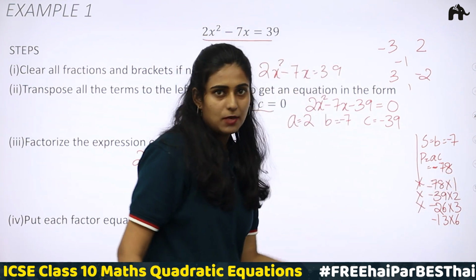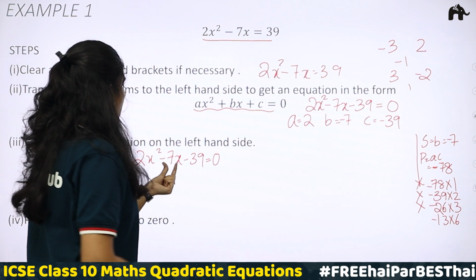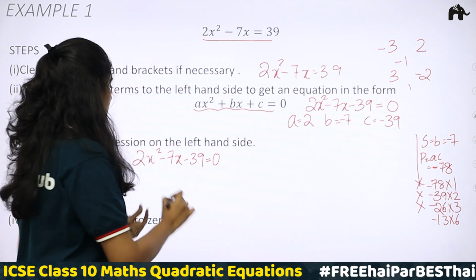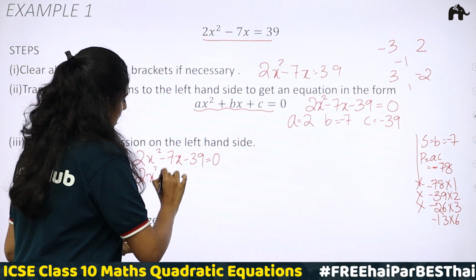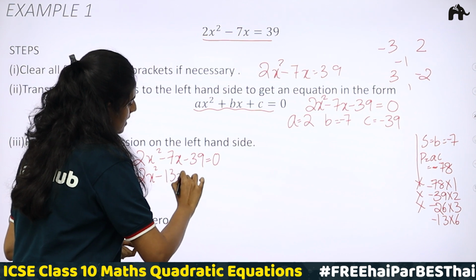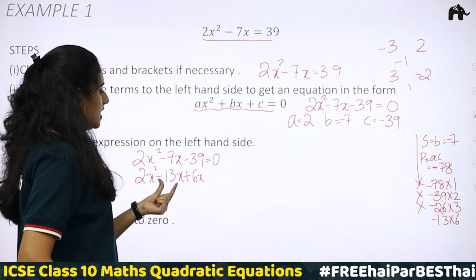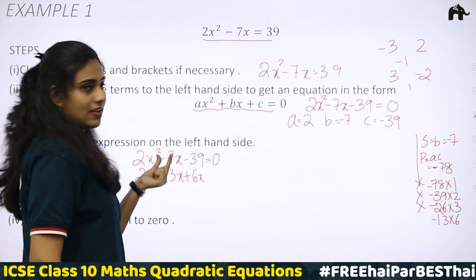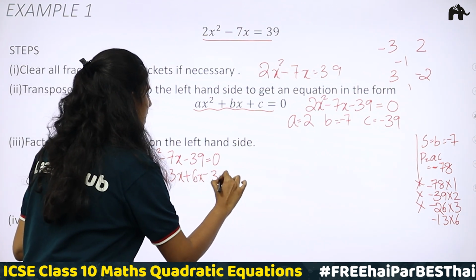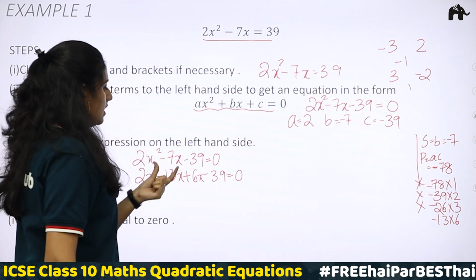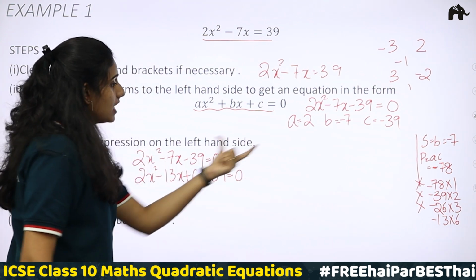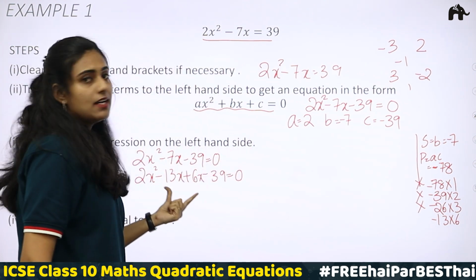So we can split the middle term such that this minus 7x can be written as 2x square minus 13x plus 6x. Minus 13x plus 6x is minus 7x. Minus 39 is equal to 0. These are the numbers chosen to split the middle term.